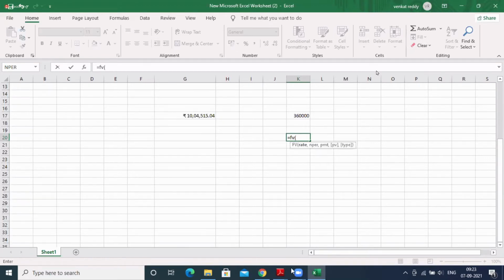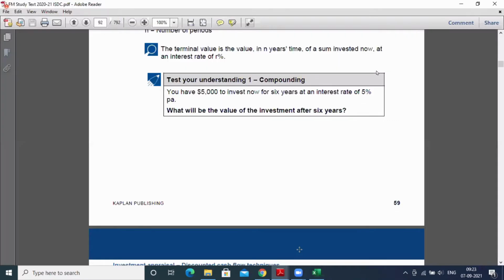First, the rate. What is the rate of interest? 5% per annum, and you invested 5,000 and you are holding it for 6 years. So you want to know what its value is after 6 years.